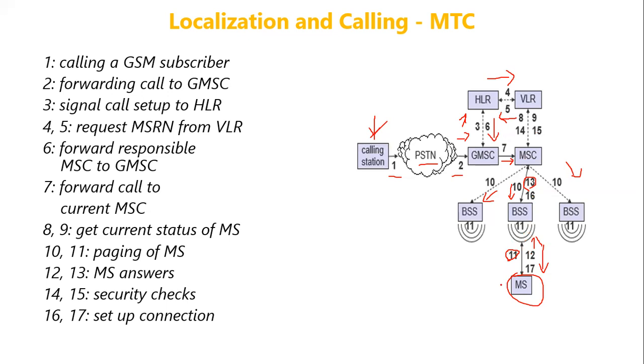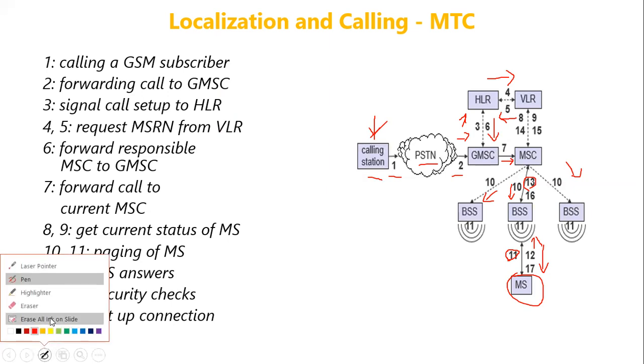So this is how localization and calling is done in a mobile terminated call. That is, the call is originated from a mobile device or from a fixed network, but the call is terminated in a mobile device, right? So this is how a mobile terminating call works.